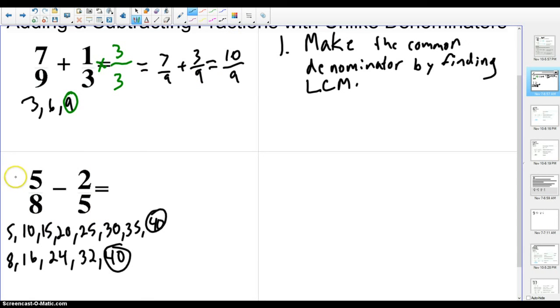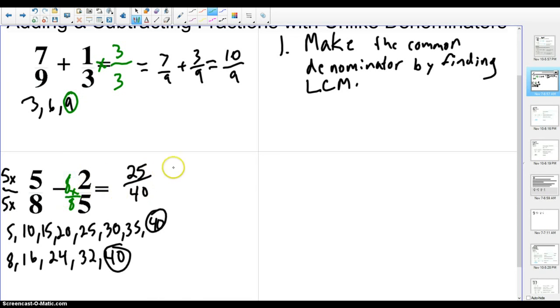So we multiply the top and the bottom by 5. And we write that answer next to our equals. So 5 times 5 is 25. And on the bottom, 40. And we do the same thing for 5. In order to get 40 out of 5, we need to multiply by 8.